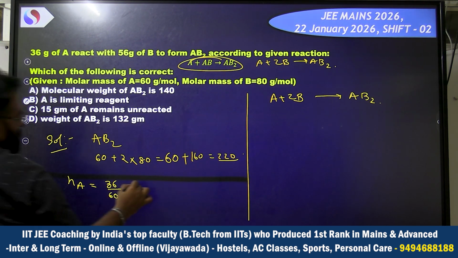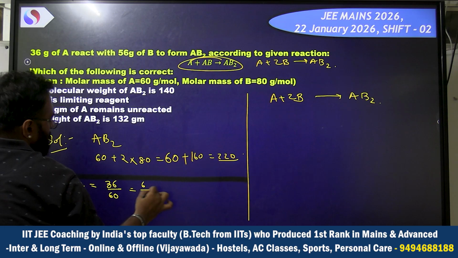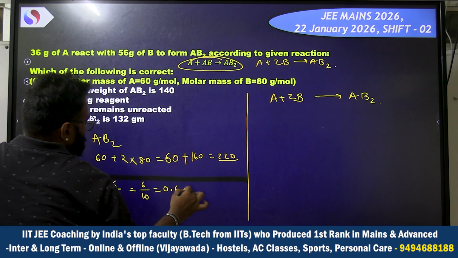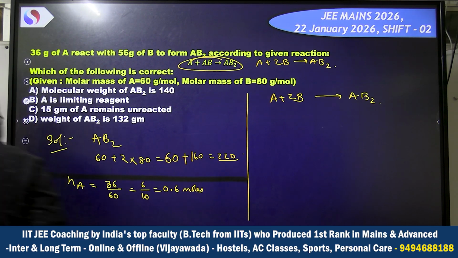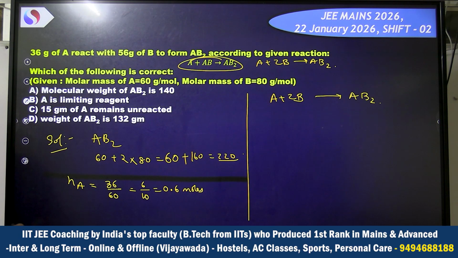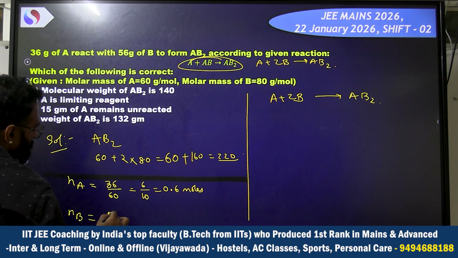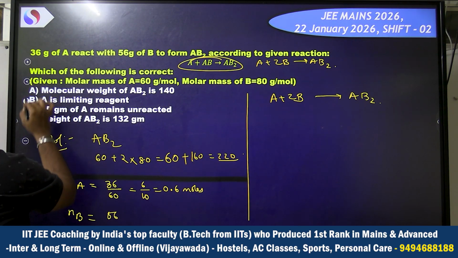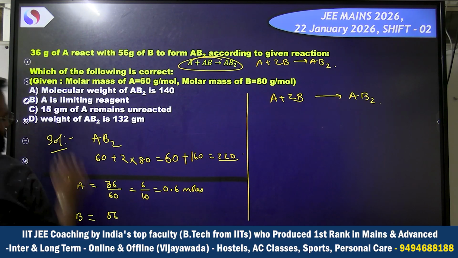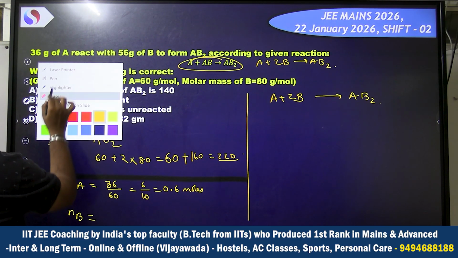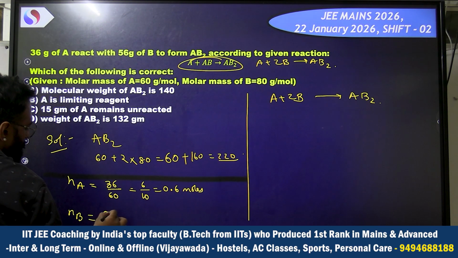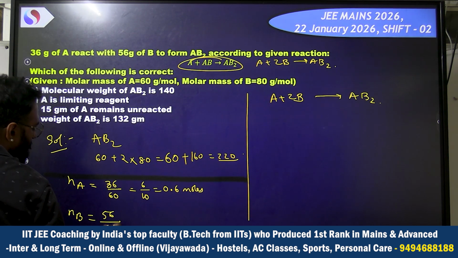So this will be 6 by 10, meaning 0.6 moles of A. And let us find for B. Number of moles of B. What is given? 56, divided by 80.